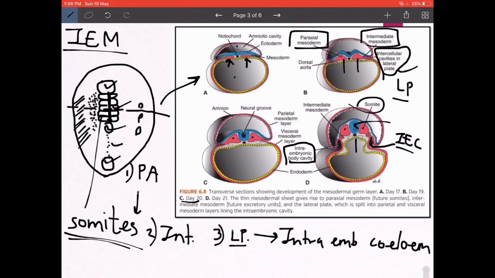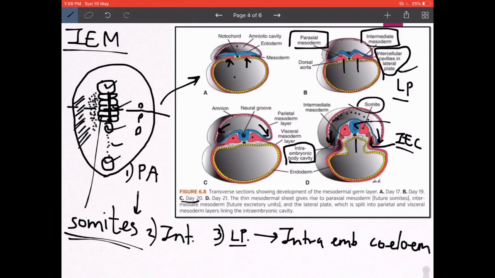I just want you to observe something though. Can you see that the amniotic cavity is slightly folding in a transverse section, which means that the lateral ends of the amniotic cavity are coming close to each other and the amniotic cavity is becoming bigger. Now this is the advent of what is known as the lateral folding, which we shall study later.